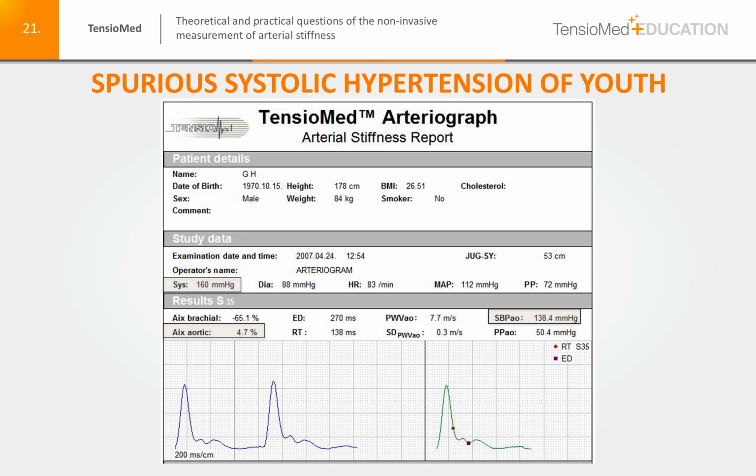This is a very common case. Many young subjects exhibit elevated, isolated systolic high blood pressure, and it is very common that doctors administer antihypertensive drugs unnecessarily.